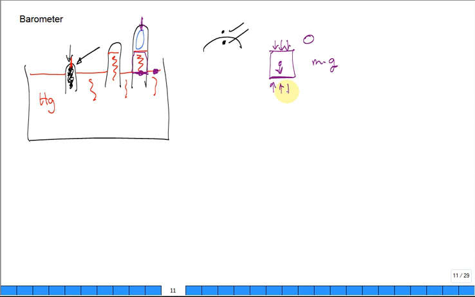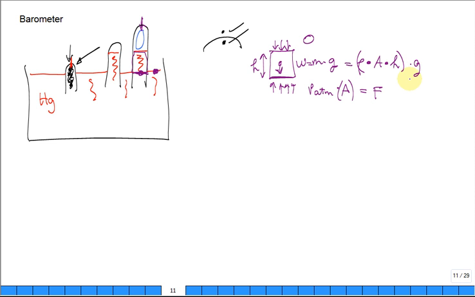So that pressure, P atm, times the area gives me the force upward. True? The force upward. The weight is down, mg. m is rho times the volume, which is A times the height h of the fluid column. Is that the mass? Rho A h, times g gives me the weight.